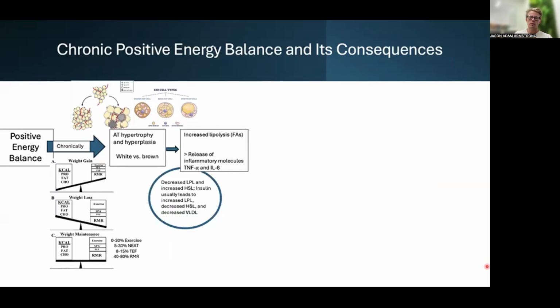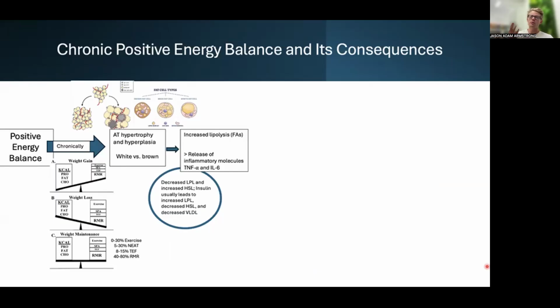But normally in response to insulin, right? So I eat food, my body knows I ate food, it starts to produce insulin and say, hey, let's break down that food and let's start to store some of those calories or utilize those calories. That's what insulin does. That typically is associated with an increase in lipoprotein lipase. And what that does is it encourages the cells to take up those free fatty acids and store them, and a decrease in hormone sensitive lipase, which would say, actually, no, we need to be breaking down fat tissue.